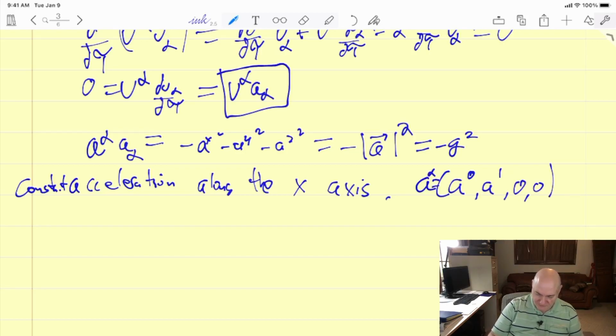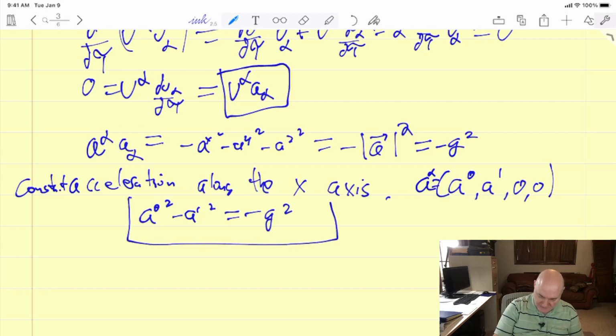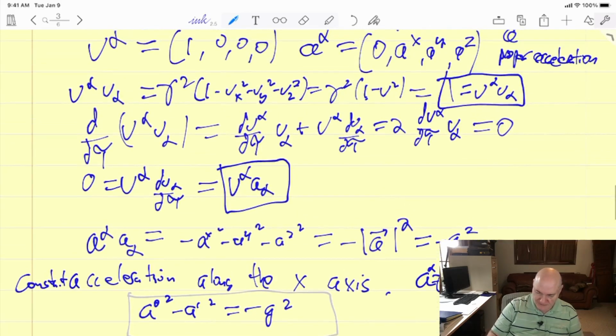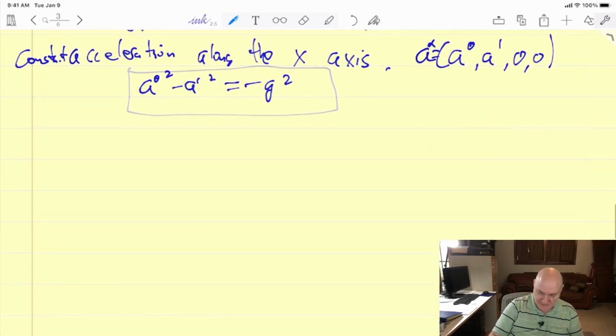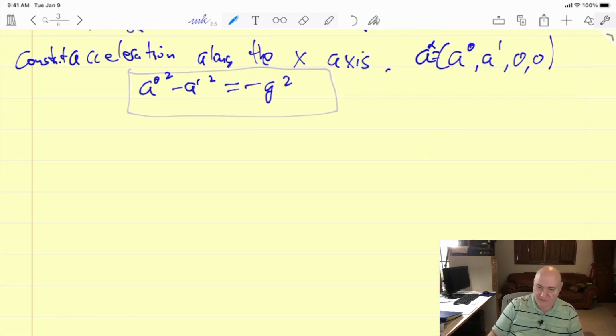Okay, so a alpha a alpha is simply a0 squared minus a1 squared, which is equal to minus g squared. So these are our three equations, 1, 2, and 3. And with those three equations, we can solve the problem.